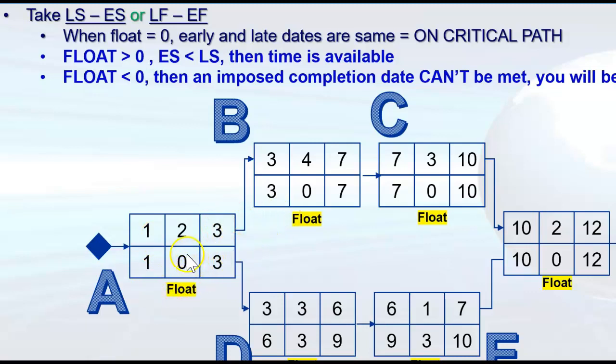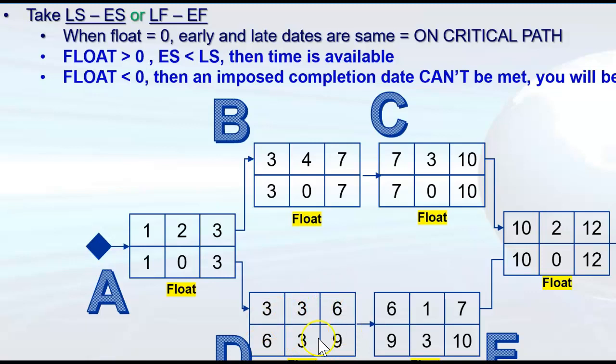When I do that on A, I get a zero float. That's what I'm figuring out in the bottom. I get zero. But look at D. If I do my late start minus early start, or late finish minus early finish, I get the same answer. So that's why I say it's 'or' up here. It doesn't matter. As long as I do one of them, I've got my answer for float.